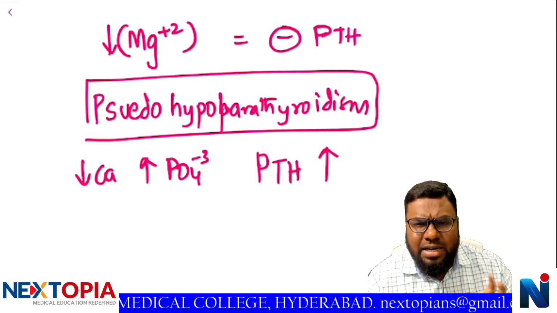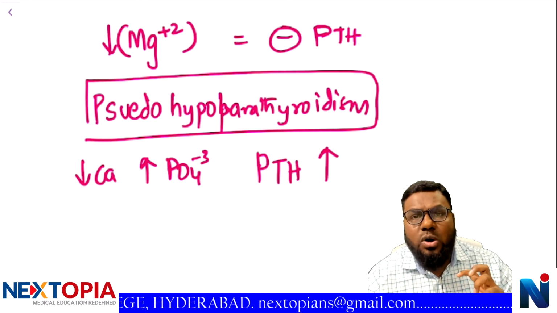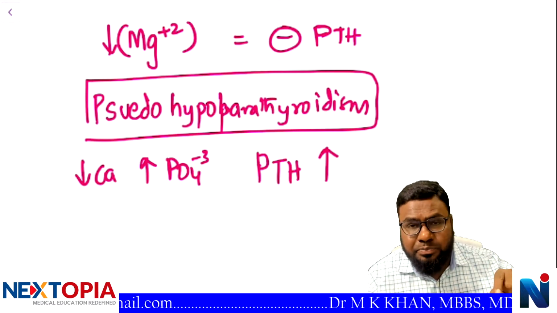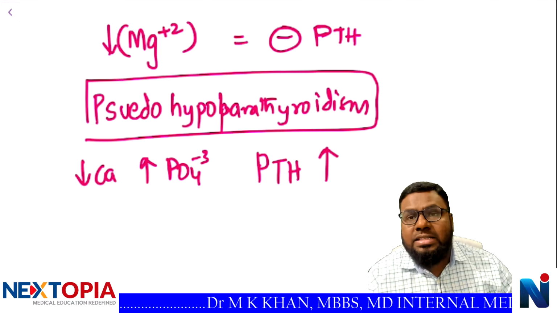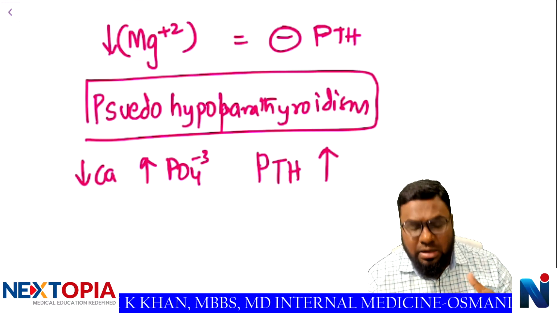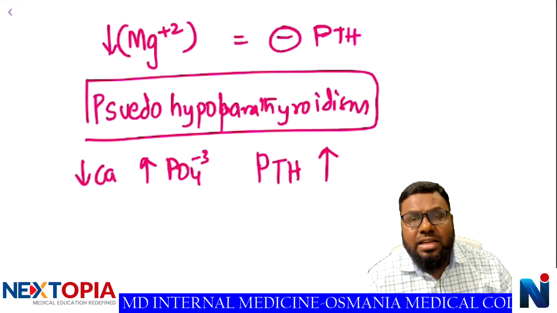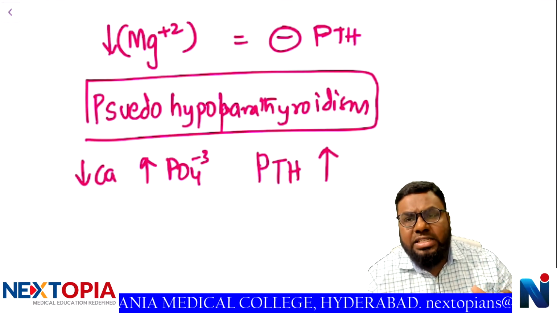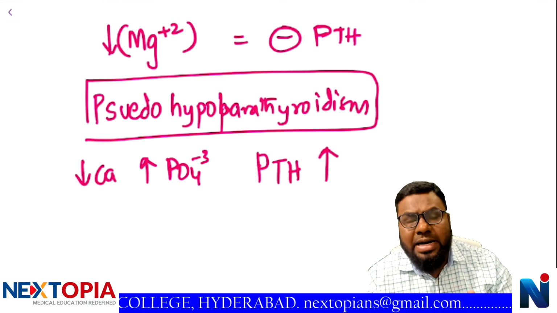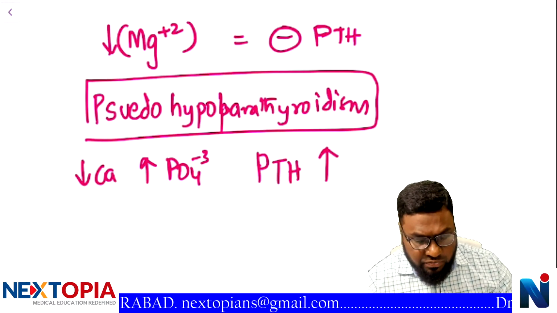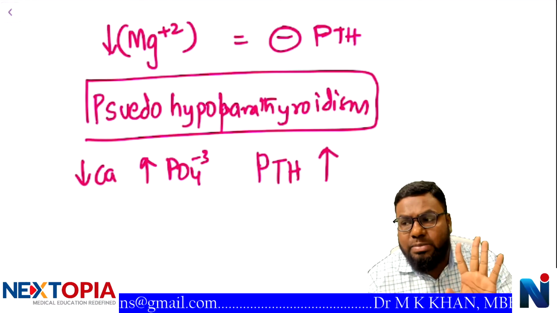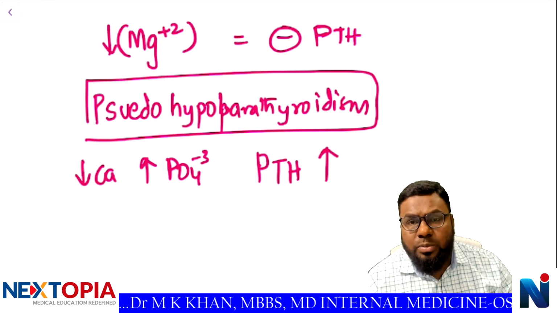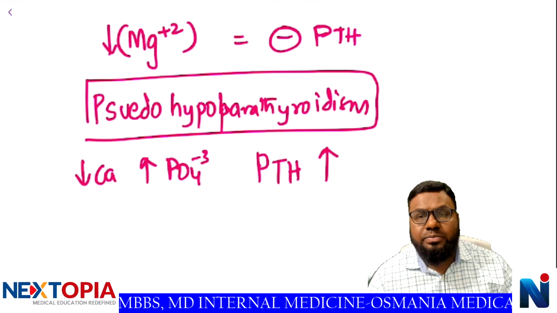Here there are genetic disorders which cause a very profound increase in parathormone, but the calcium levels are very low and phosphate levels are very high. The patient will have mental retardation, short stature, and the fourth or fifth metacarpal or metatarsal is missing. It's an important phenomenon to be discussed in clinical scenarios.